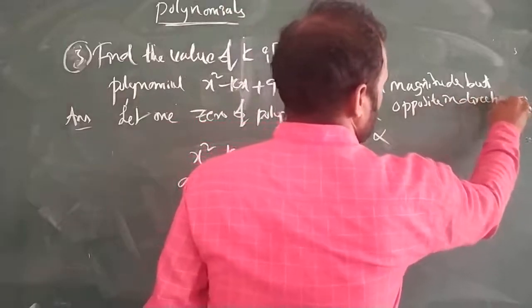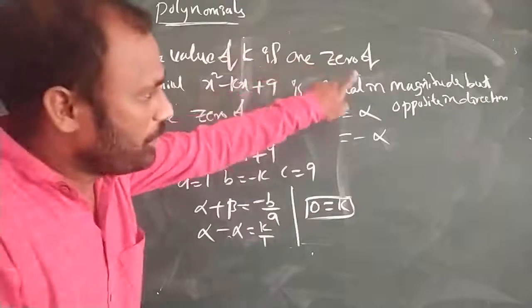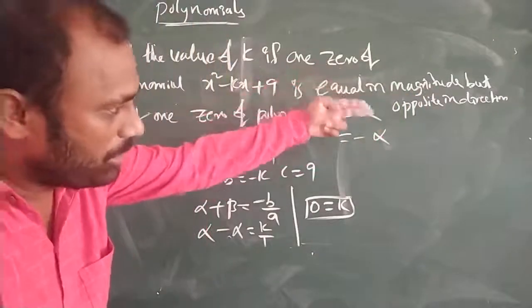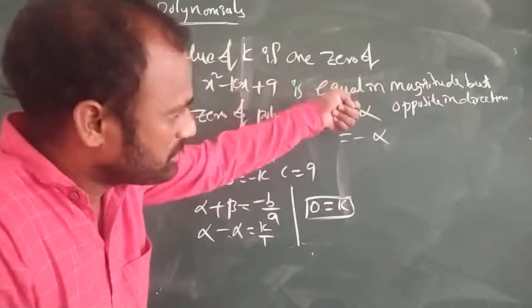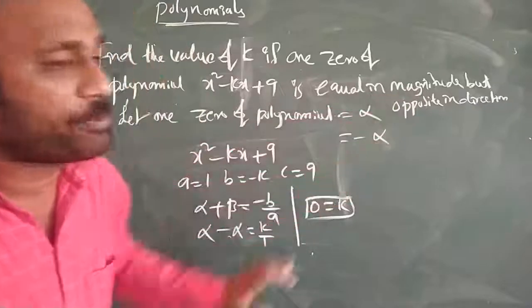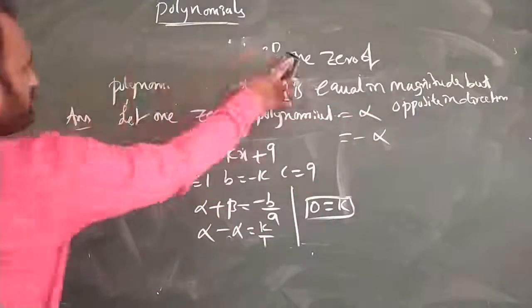The answer is the same. Why? Because the two values are equal in magnitude. Magnitude in the sense of number. So two numbers will be there, but if one is plus, the other one will be minus. So equal in magnitude but opposite in direction. The same question. Let us see another question.